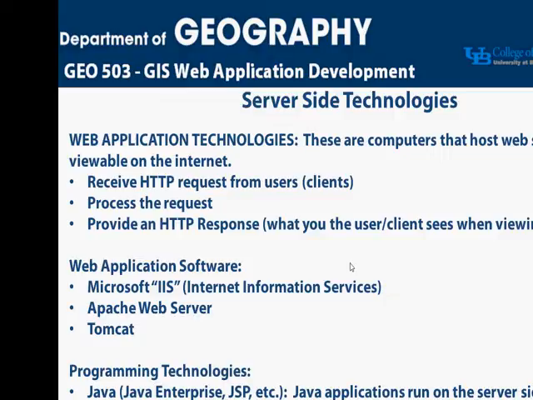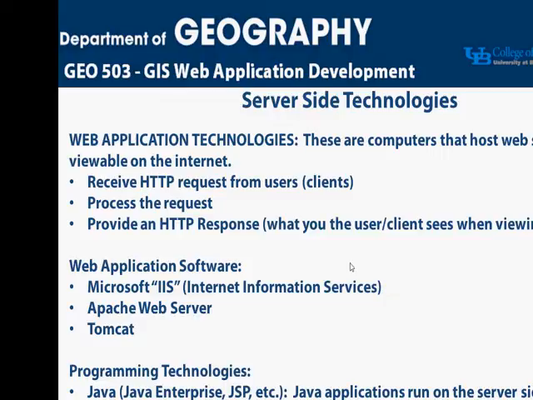In addition to specialized GIS software, the servers have web application software on them that manages handling all these requests. Very often nowadays the application is called Microsoft IIS, or Internet Information Services.